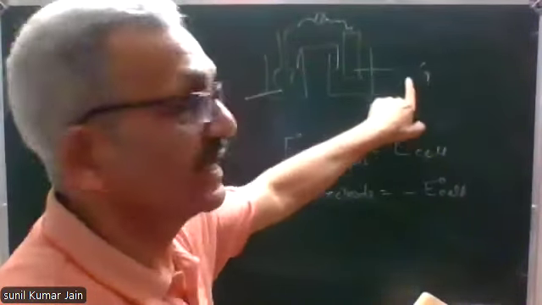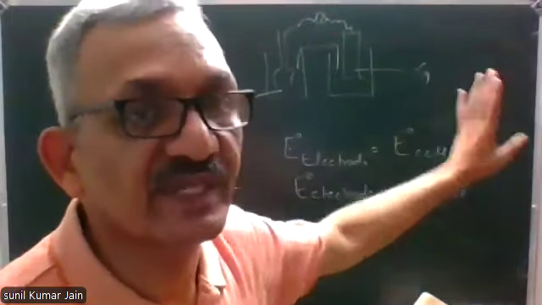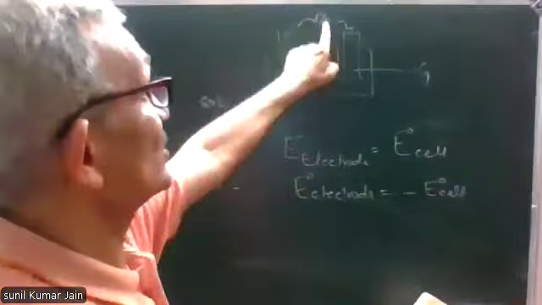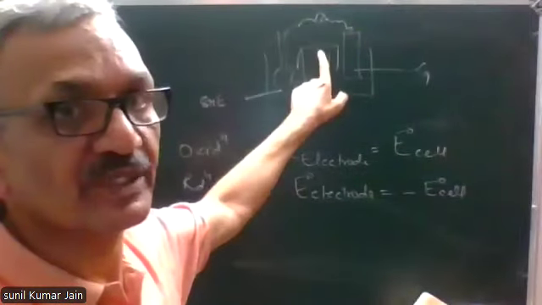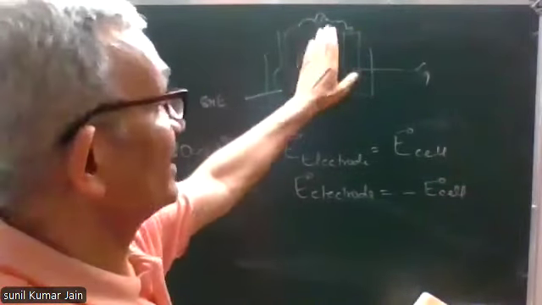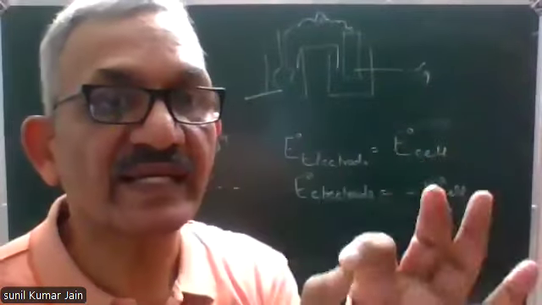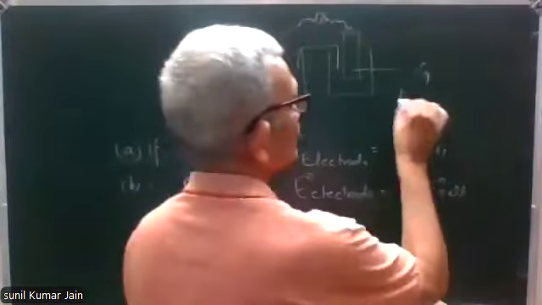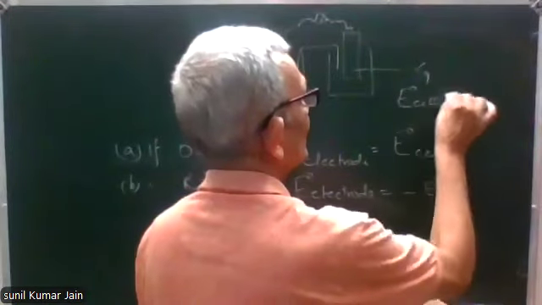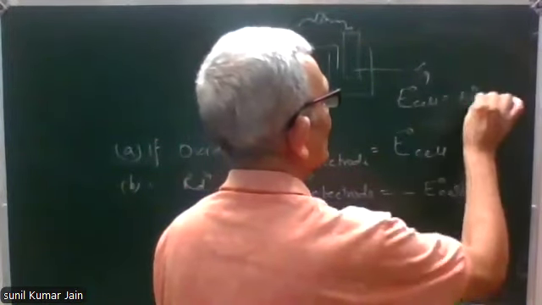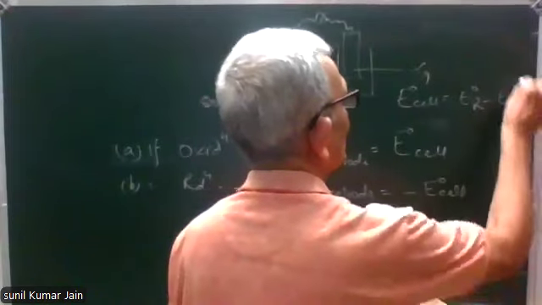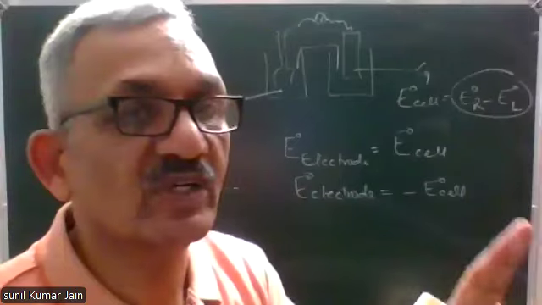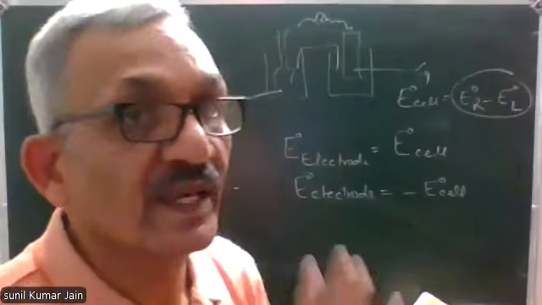And I want to assign RePV to this given electrode. So I've connected given electrode with SHE by using wire, voltmeter and salt bridge. From the voltmeter, I'll directly read the value of E0 cell. Just now I told you E0 cell will be equal to E0 right minus E0 left.